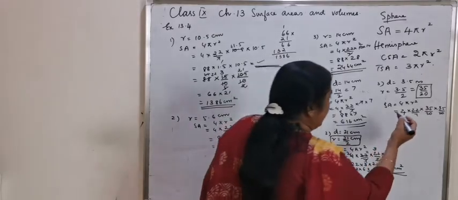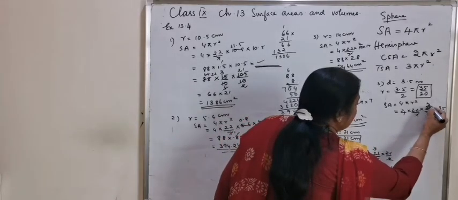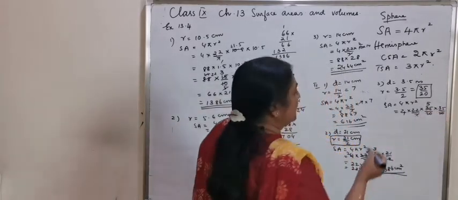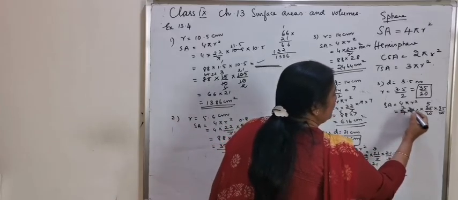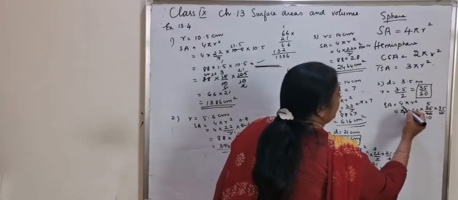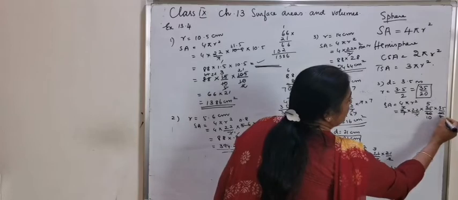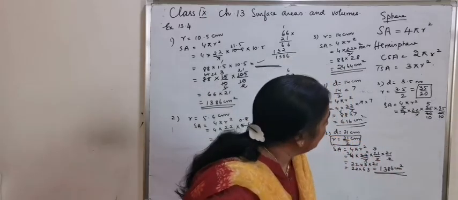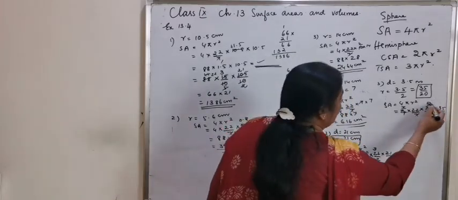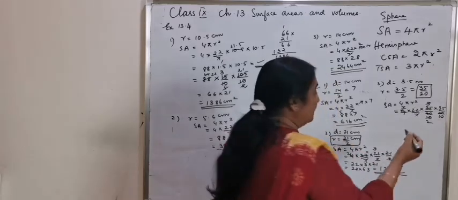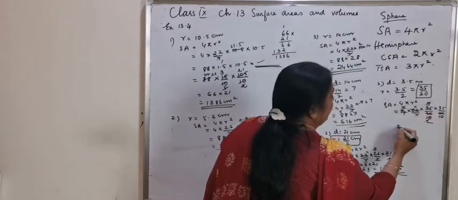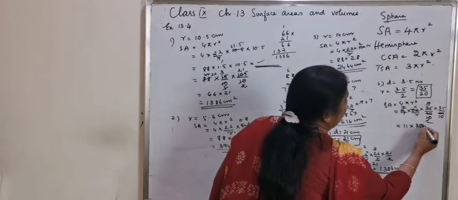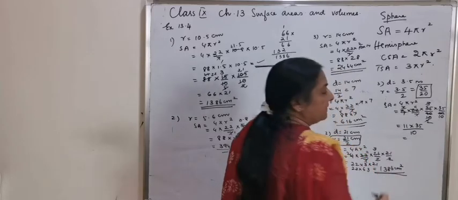And the calculation done, 7 and this is 5 times, and now 4 2 times and it is 10. Again 2 getting cancelled and make it as 10 here. Now 5 and 10 is 2, 2 and 22 is 11. So 11 into 35 by 10.